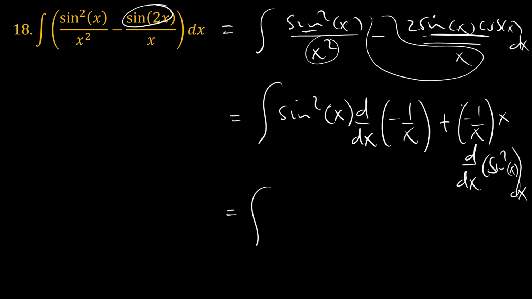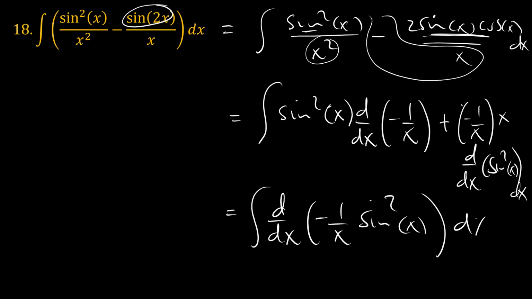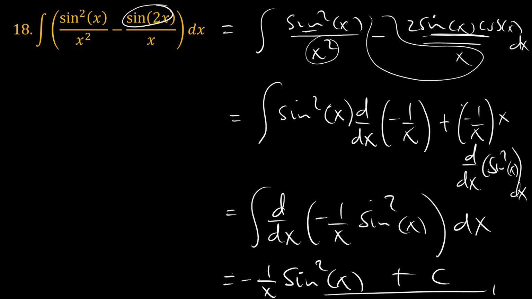And so what this is telling us is that this is the integral of the derivative of negative 1 over x times sine squared of x. And an integral being an antiderivative means that we have 1 over x sine squared of x plus the integration constant. And this, ladies and gentlemen, is our answer without much further thought.